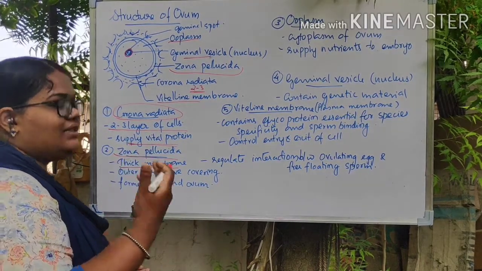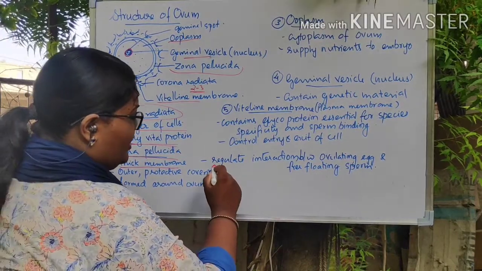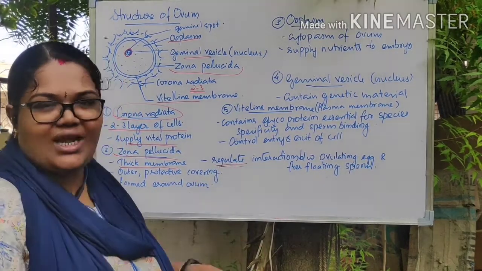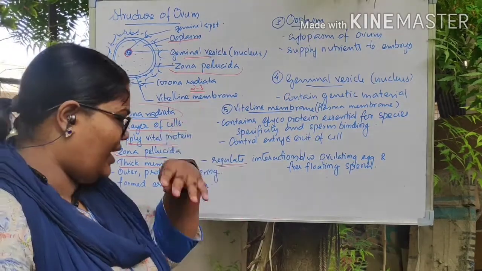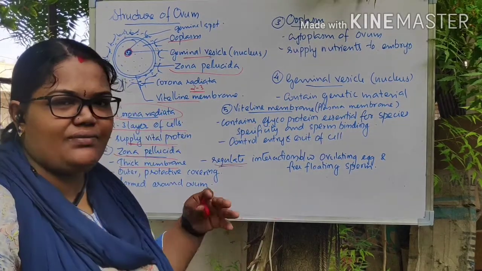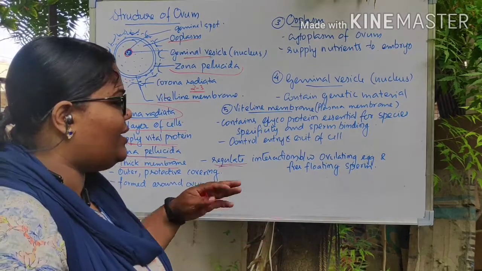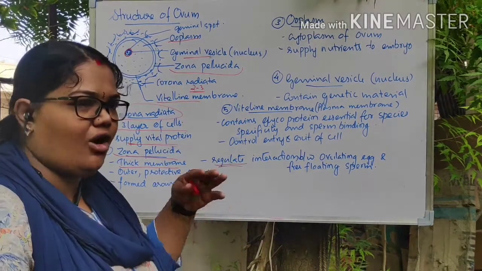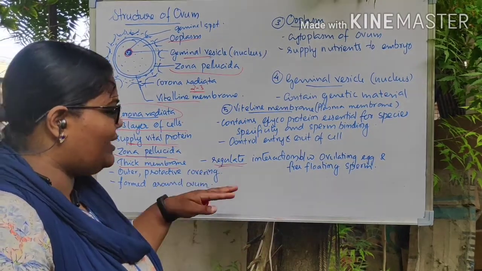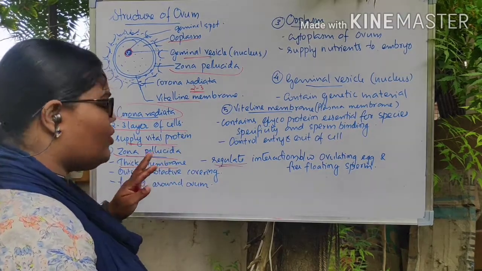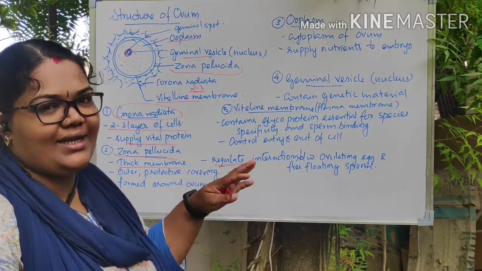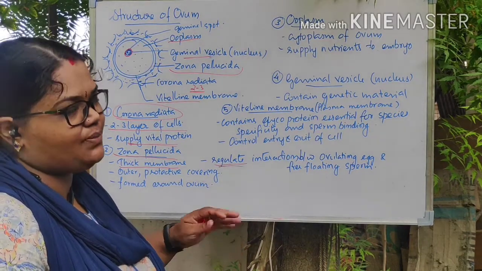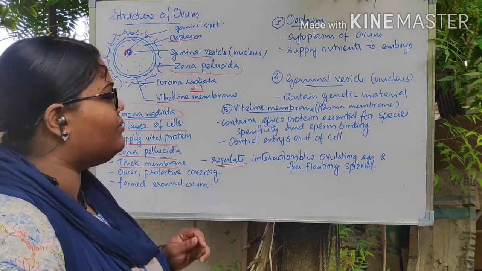It has another important role: it regulates the interaction between the ovulated egg and the freely floating sperm. Before fertilization, the fusion, this layer regulates how the ovum and sperm interact. That is also very important, you have to remember.